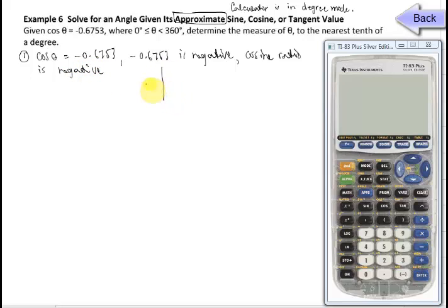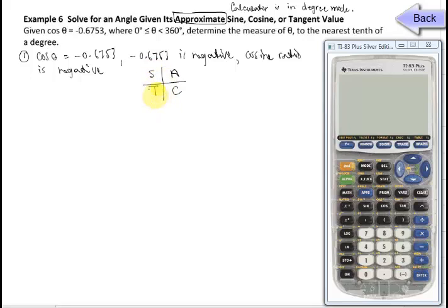All right, so let's draw our CAST diagram. All right, well, we know that all our trig ratios are positive in the first quadrant, and we can see that cosine is positive in the fourth quadrant. So cos will be positive in the first and the fourth quadrant. Only sine is positive in the second quadrant, so we're going to have a negative cos in the second quadrant.